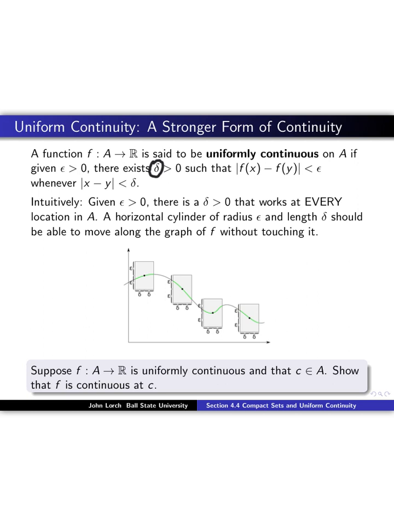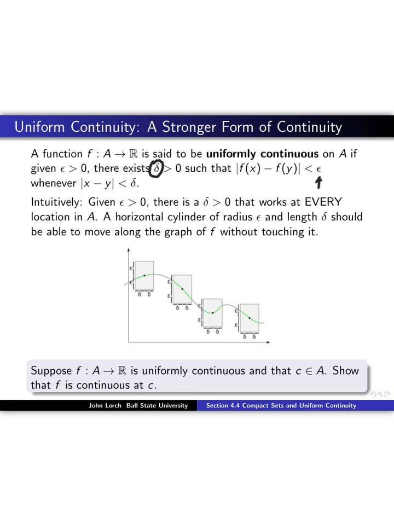Well, it depends on the function and it depends on epsilon, certainly, or usually it does. And it also often depends on the point in question in the domain. Now, in uniform continuity, we require that our choice of delta work for every choice of point in the domain. So it's independent of where we are in the domain.